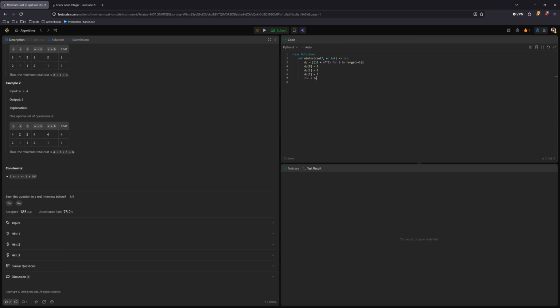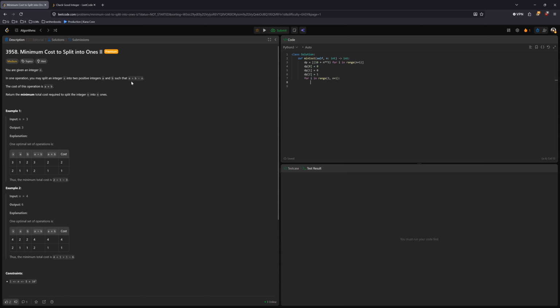Okay, so for i in range 3 to n, well, n plus 1, right? And what do we want? The cost is going to be a times b, right? So for a in range 1 to i.